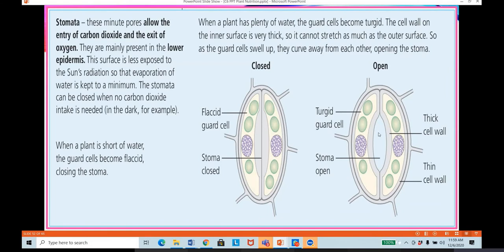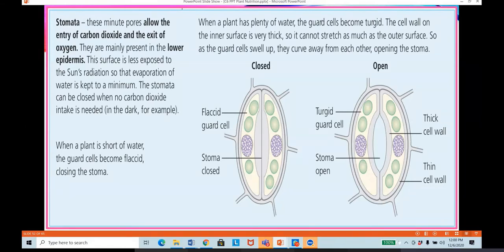You can see in these pictures. So how are the guard cells when the stomata are open? How do you explain the structure of the guard cells? How are they? They become turgid.